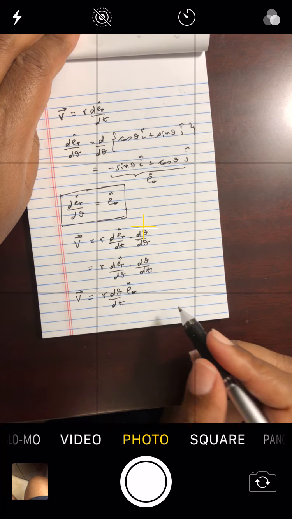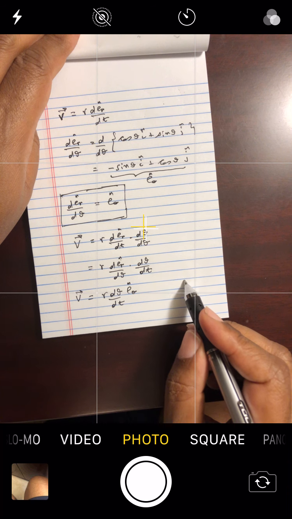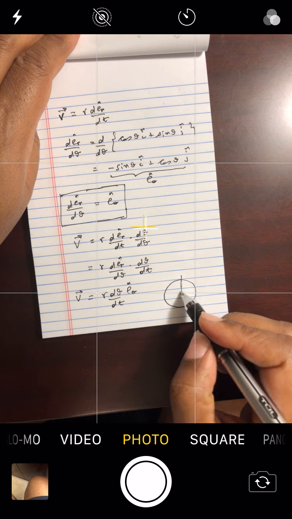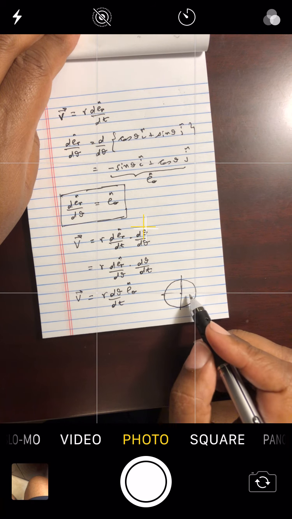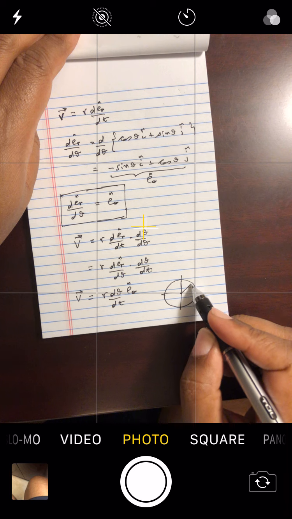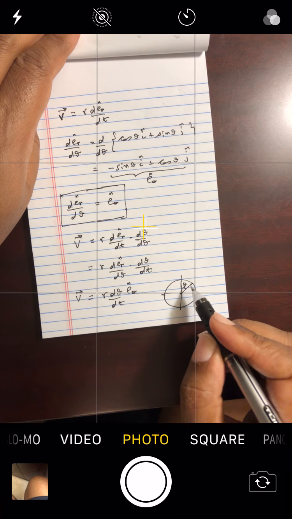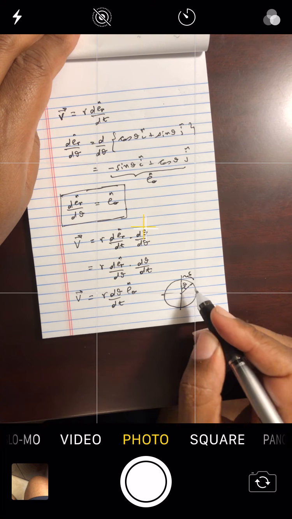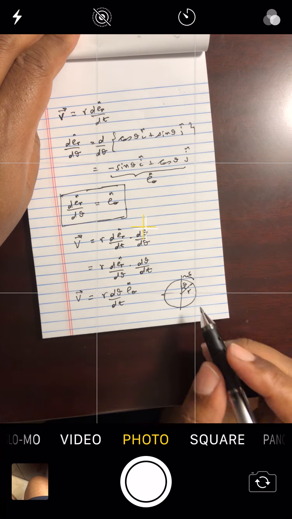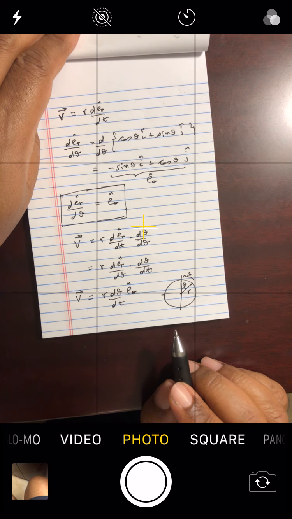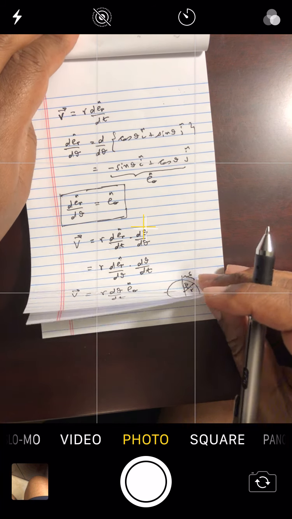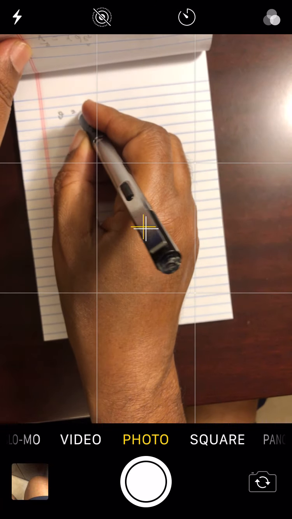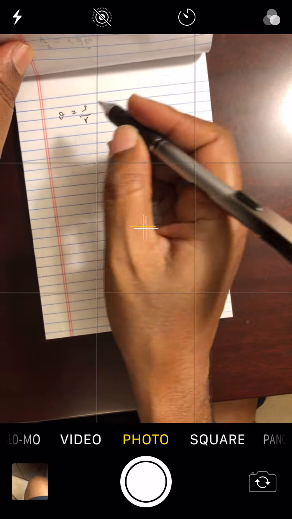Now let's look at d theta by dt. If you remember, that's angular velocity, but we can rewrite it as follows. If you remember the definition of a radian, the angle in radians is arc length divided by the radius.